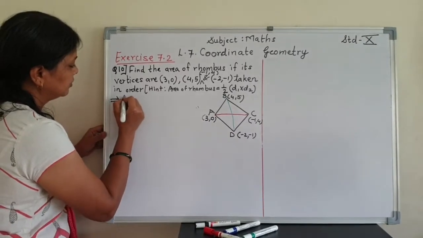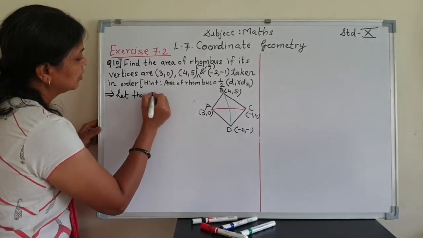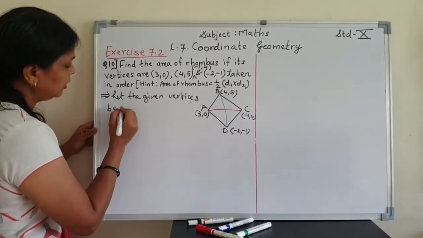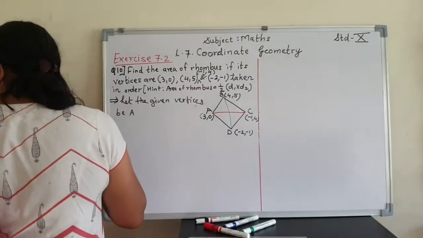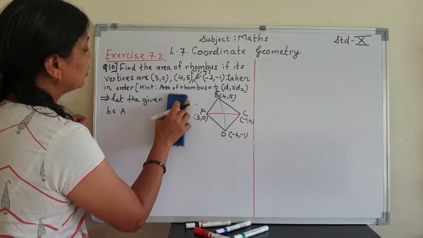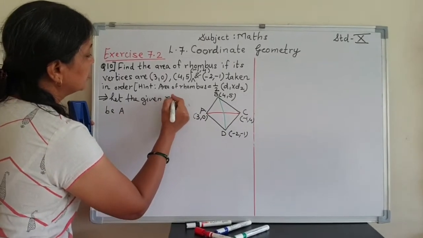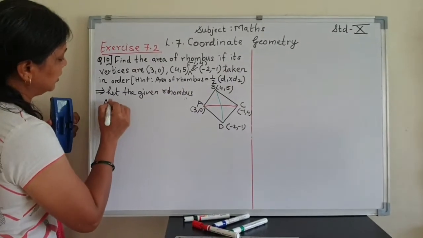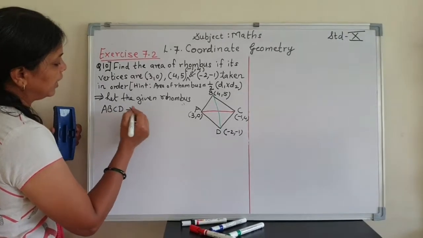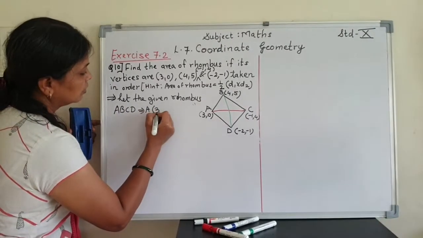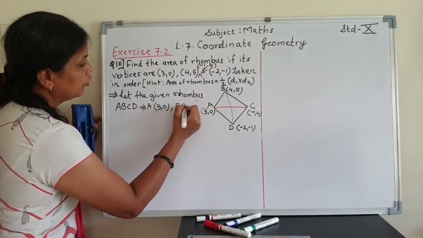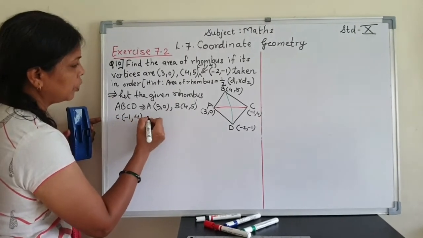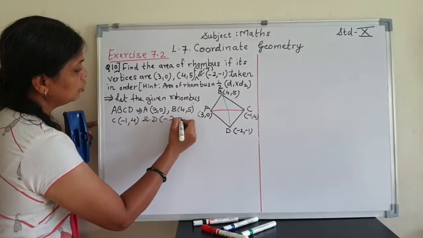Let the given rhombus, we will write here rhombus ABCD with vertices A as (3, 0), B (4, 5), C (-1, -4) and D (-2, -1).